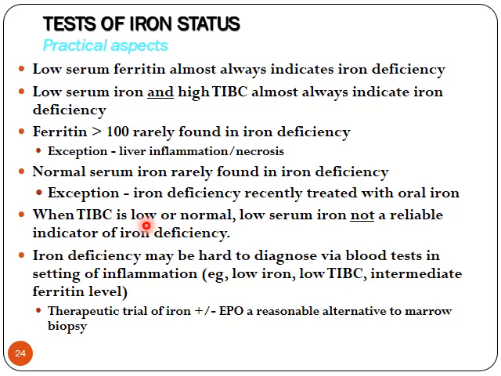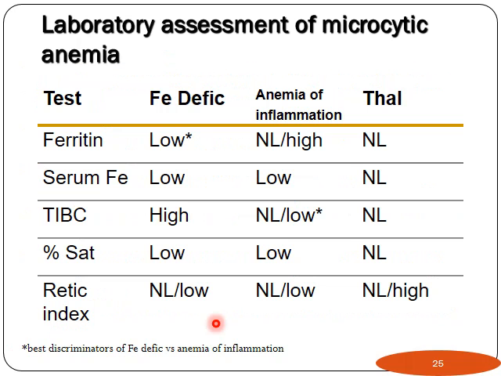When TIBC, total iron binding capacity, is low or normal, low serum iron is not a reliable indicator for iron deficiency. Iron deficiency may be hard to diagnose via blood test in settings of inflammation, where there is low iron, low TIBC with intermediate ferritin level. A therapeutic trial of iron plus or minus erythropoietin may be a reasonable alternative to bone marrow.